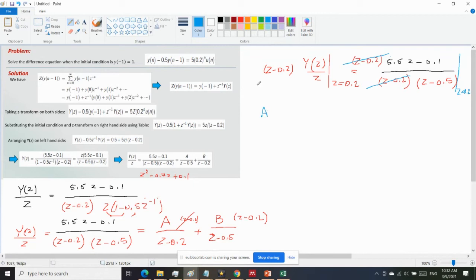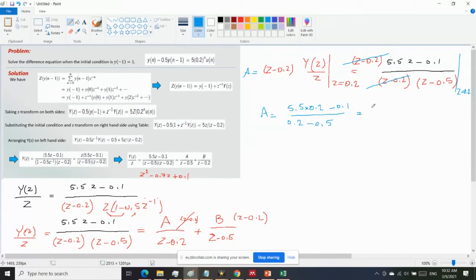So what is A? This is A. A then is equal to 5.5 times 0.2 multiplied by 0.2 minus 0.1 over 0.2 minus 0.5.